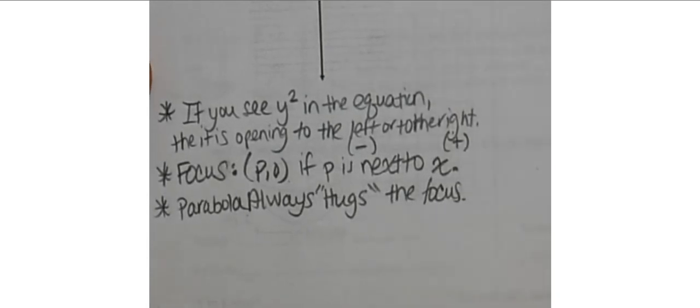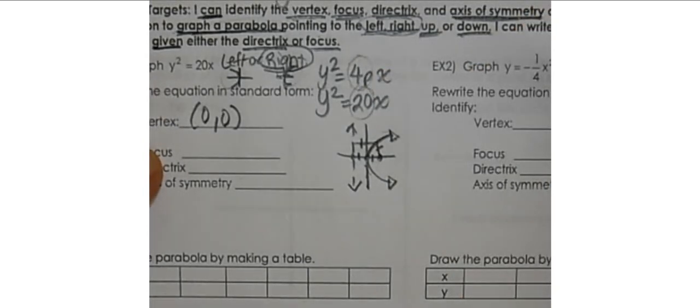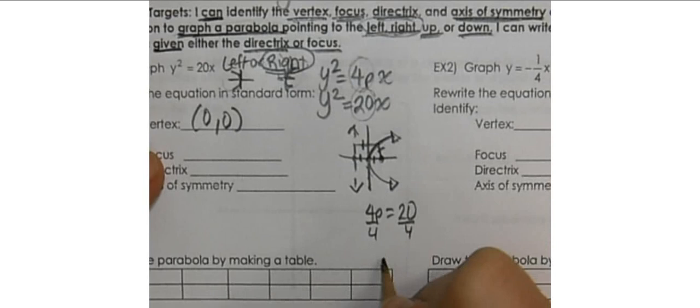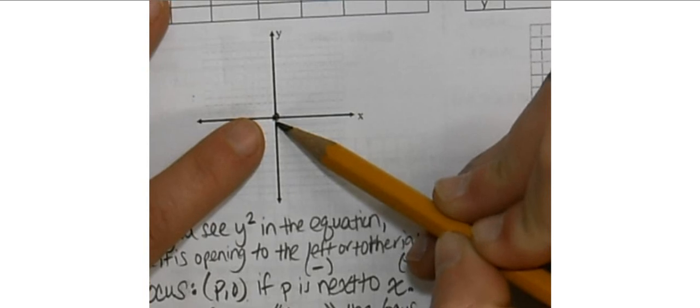So how do you identify what that focus is going to be? Well, notice that 20 is located in the 4p position. What we can do is we can set 4p equal to 20, and we can solve for p. So if I were to divide both sides by 4, we would find that p is equal to 5. So what you do in order to identify that is, since we know our parabola is pointing to the right, I'm going to go to where my vertex is, and I'm going to count 5 units to the right.